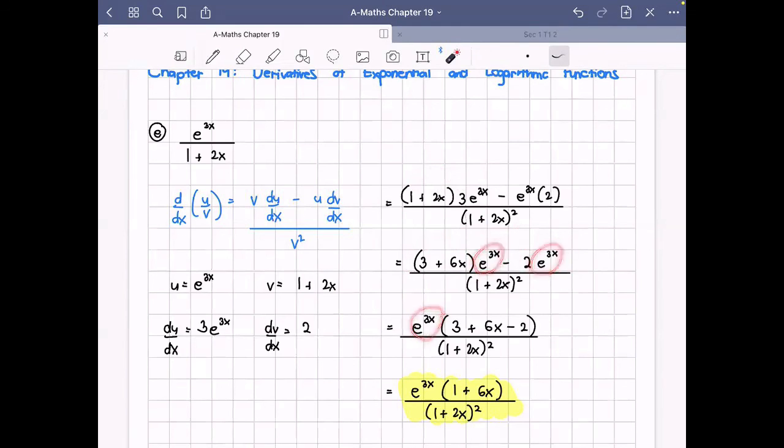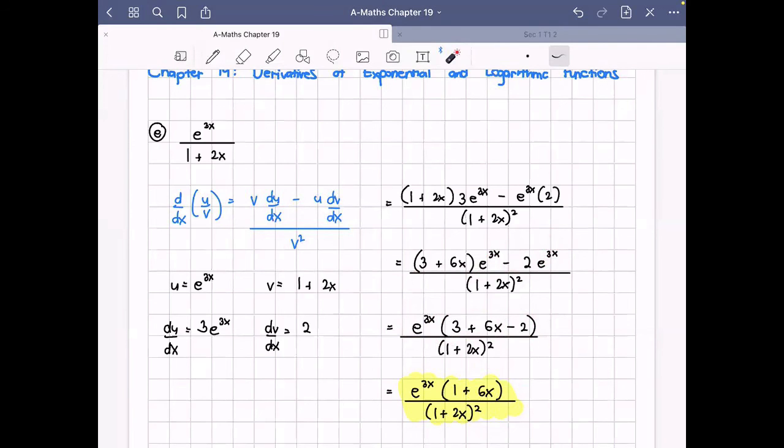That's why this divided by this, if you remove this, you get 3 plus 6x. And then this divided by this, you'll get minus 2 only. So remove this, so it's just minus 2. So simplifying this further, you will get your final answer. So e raised to 3x times 1 plus 6x. Right?